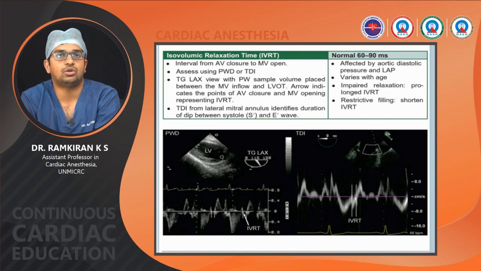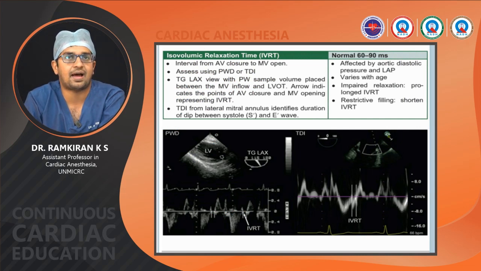So next, coming to the isovolumetric relaxation part, it can be assessed by the transgastric long axis view with a pulse wave sample volume placed between the mitral inflow and LVOT, or by tissue Doppler imaging from the lateral mitral annulus. We can measure this isovolumetric relaxation time. Basically the normal value is 60 to 90 milliseconds.